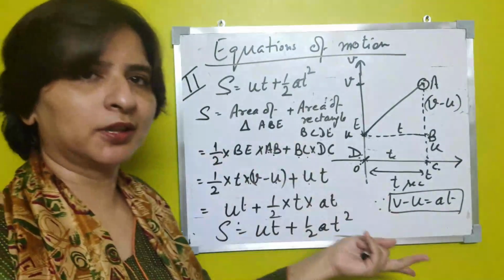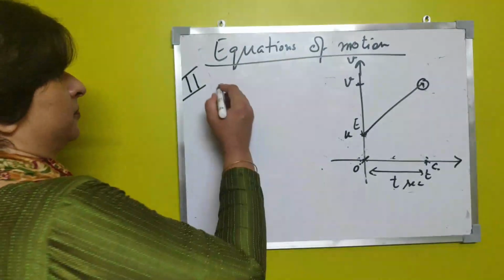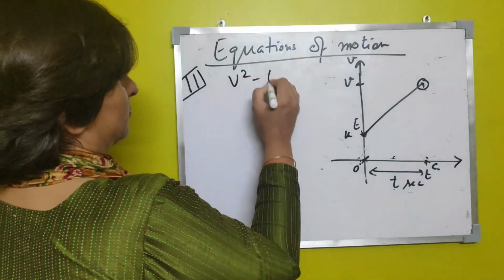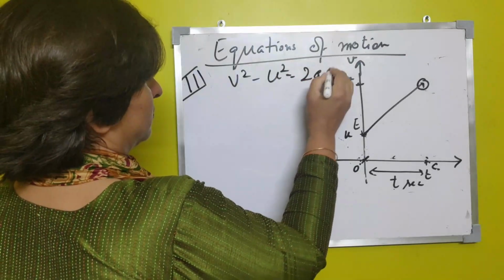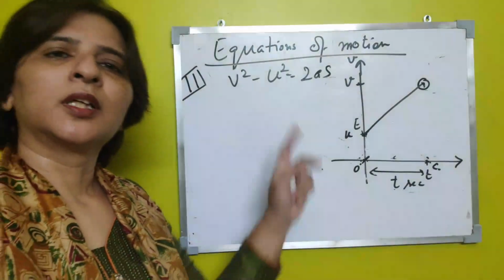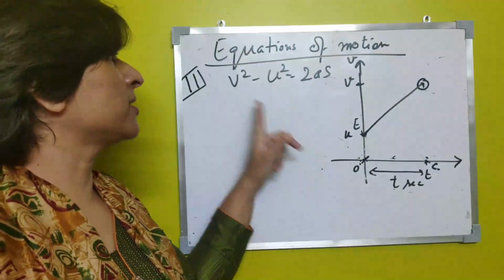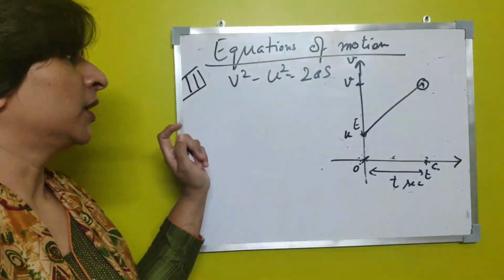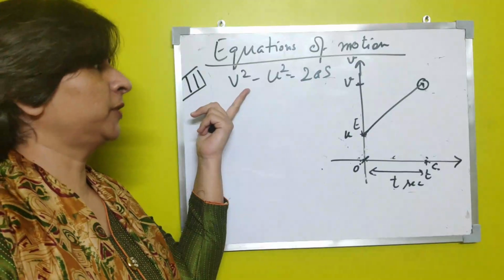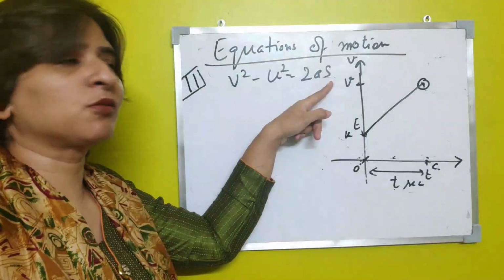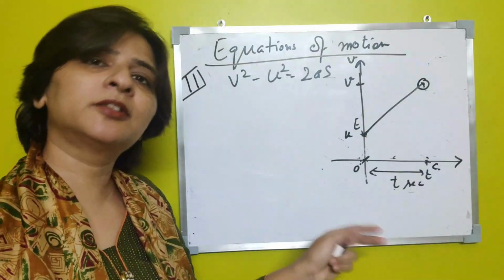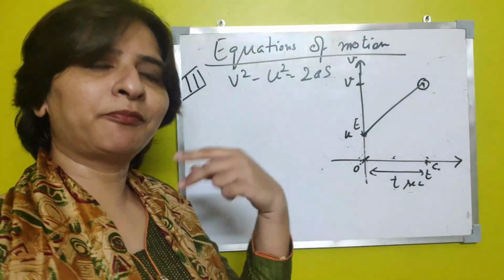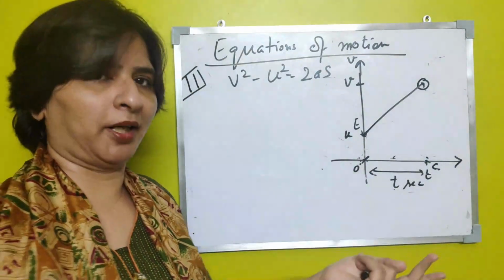Now let's go for the third one, the third equation of motion, which says v square minus u square is 2as. Now for deriving the third equation of motion, again we are talking about the distance, so somehow we need to talk about the area under the Vt graph. But this time we'll be finding the area in a different manner.